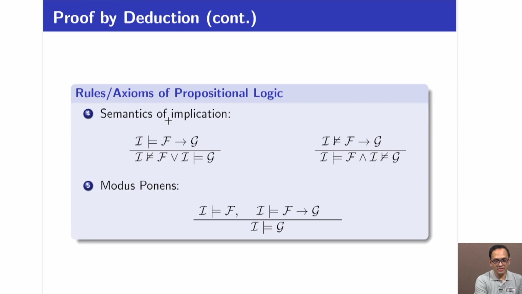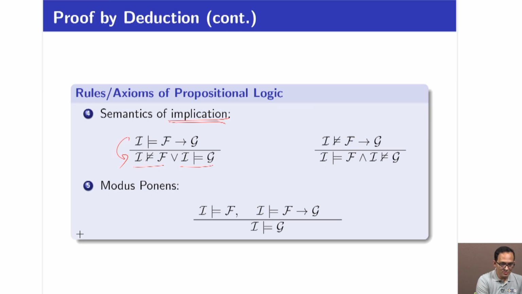Similarly, I can take the implication. From implication I can conclude this, that if the interpretation satisfies f implies g, then either I does not satisfy f, or I satisfies g, right.